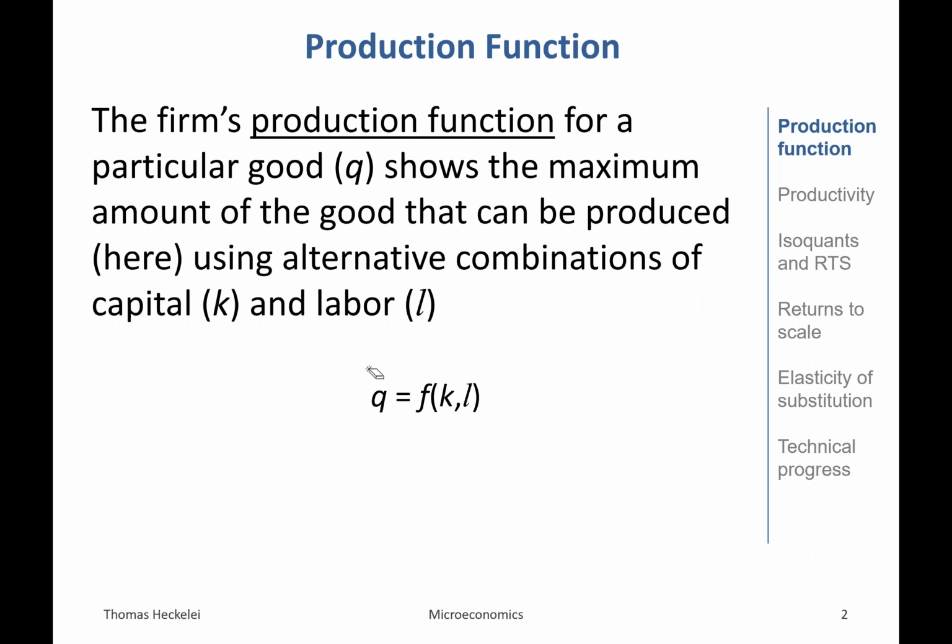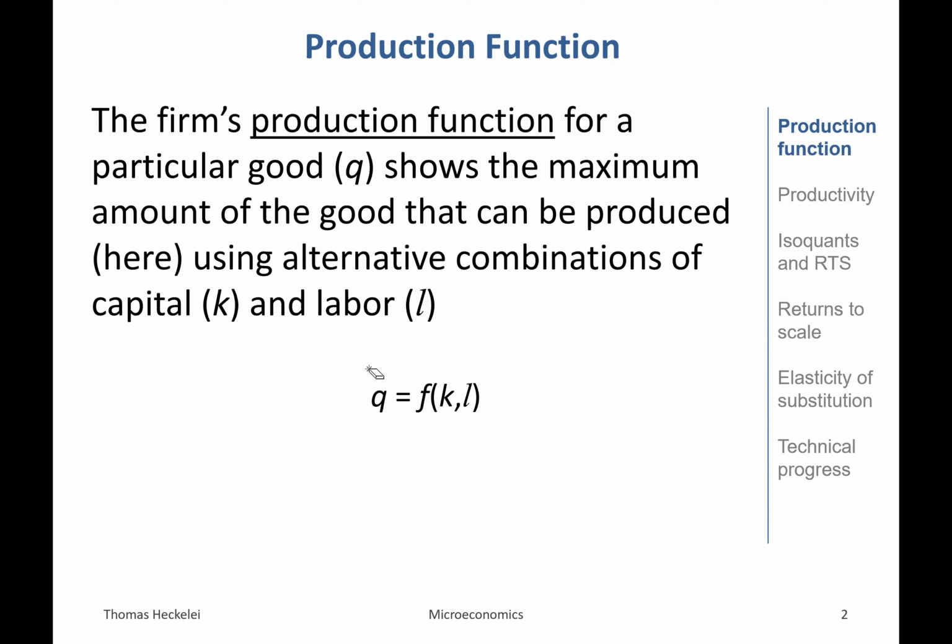Let's first start with the definition of the production function. A firm's production function for a particular good shows the maximum amount of the good that can be produced using alternative combinations of capital K and labor.